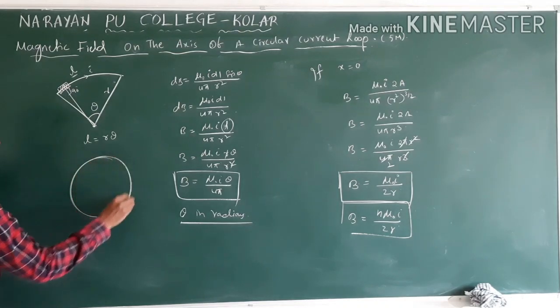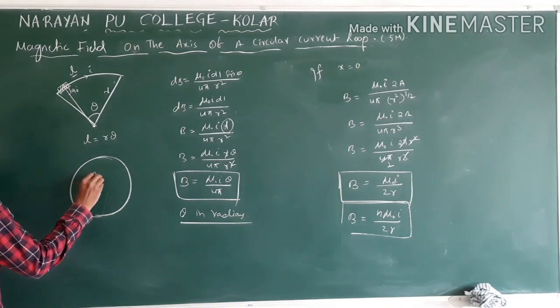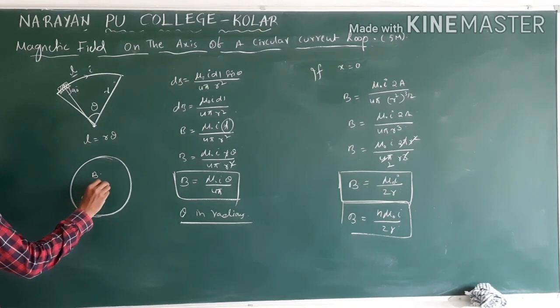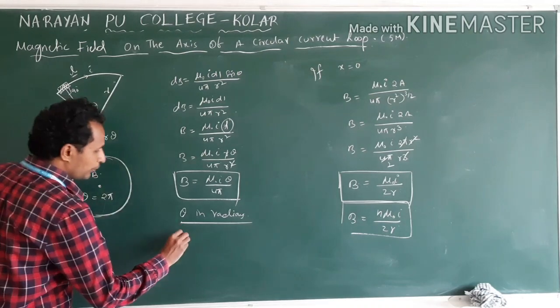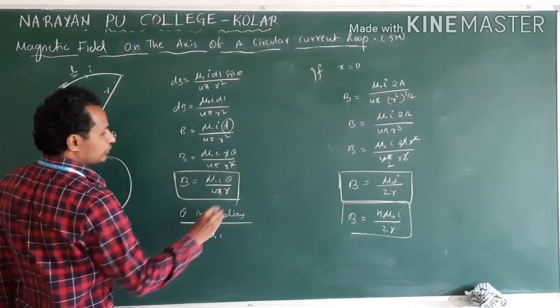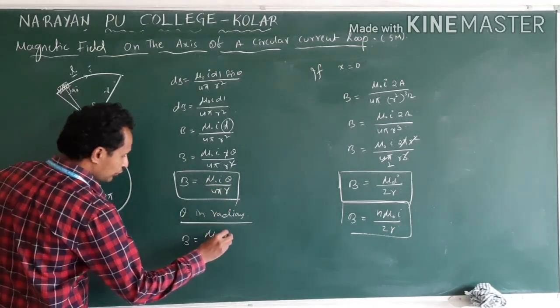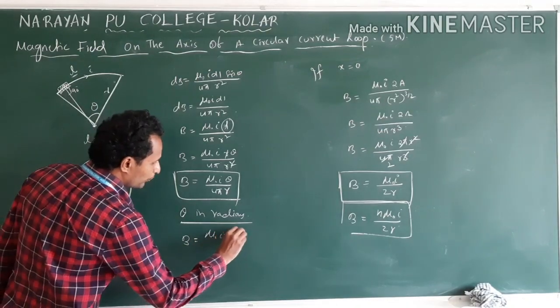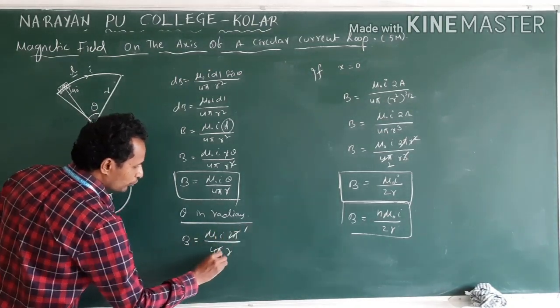If we take a circular loop, and wish to calculate the field at the center, what is theta for a circle? It is 2 pi. Now B is equal to mu naught I theta by 4 pi R. Theta for a circle is 2 pi, so 2 pi by 4 pi, 2 pi once, 2 pi twice.